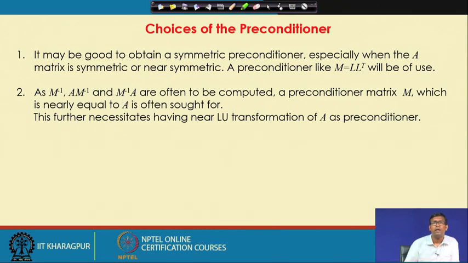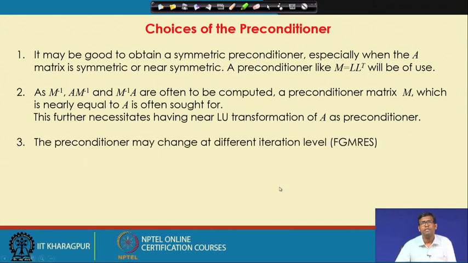So, an LU transformation of A, if it is obtained, can be the best preconditioner, and we can see if M is equal to A of LU, that means M inverse is basically A inverse, the problem becomes the solution of an identity matrix and should be done in one step. So, even if we cannot get the exact LU transformation of A, because LU transformation is a costly operation, we should try to get a near LU transformation of A.